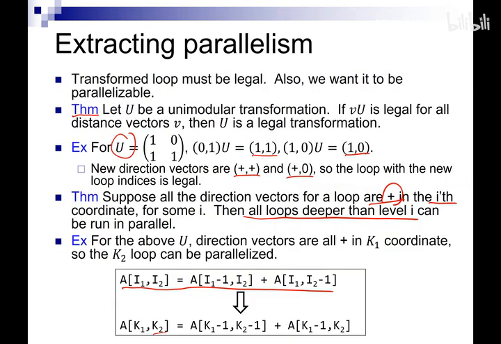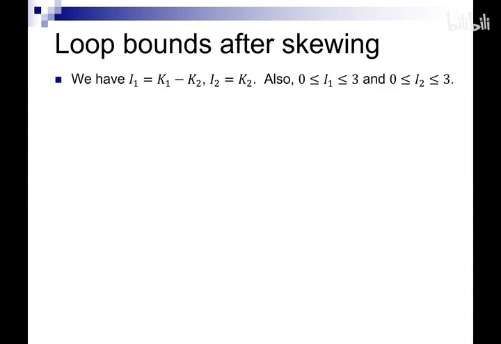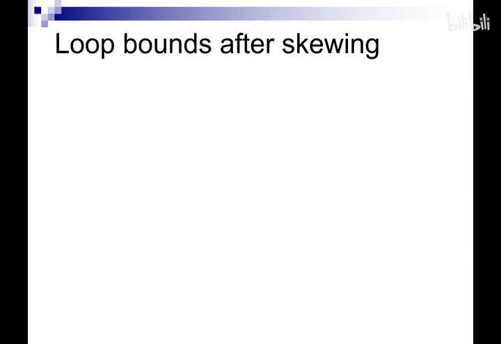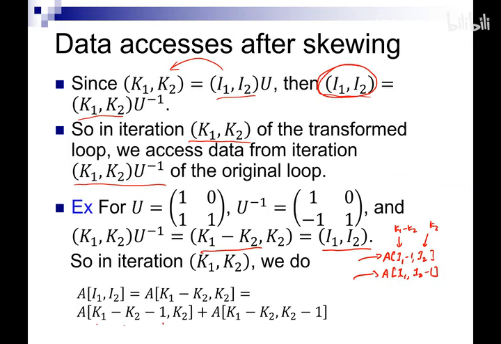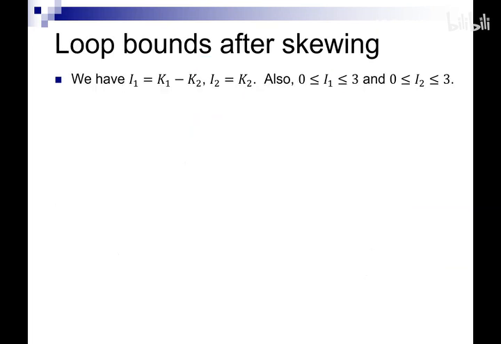This is the final thing we're going to do here: compute the loop bounds after you do this loop skewing. Over here we're saying that I1 equals K1 minus K2, and I2 equals K2. We also know the bounds for the I iterations: I1 is between 0 and 3, and I2 also.